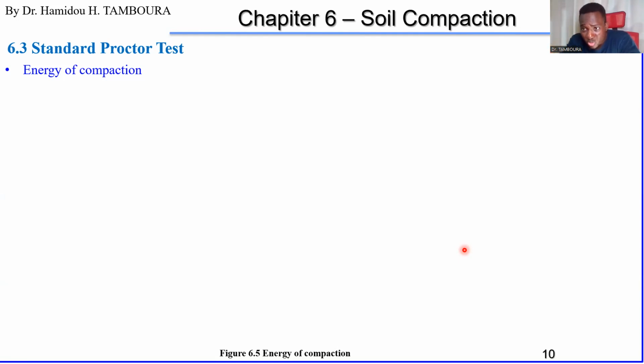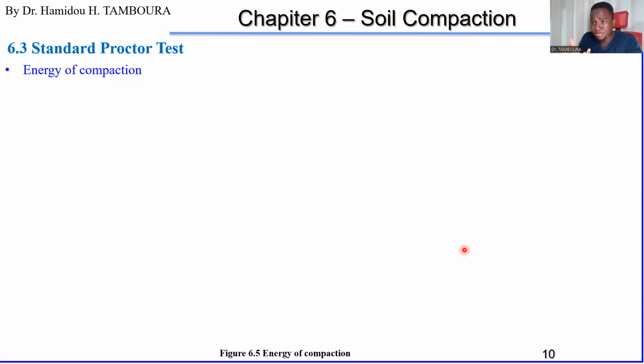Okay, and we then have to try to obtain the same dry unit weight on the construction site by using approximately the same optimum water content. Because after doing the test in the lab, you now know the optimum water content for the soil you have.